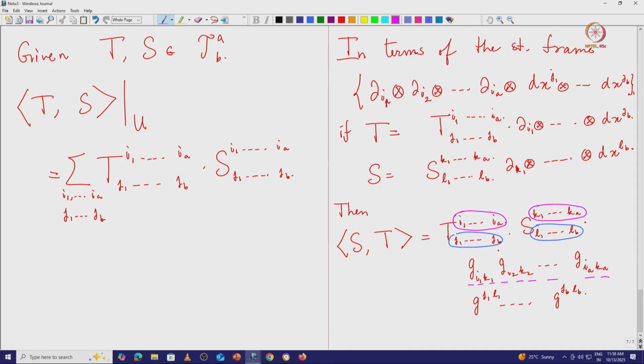That's how you compute inner products of vectors. The lower indices you should think as corresponding to the covector part of your tensor, and so how do you compute inner products of covectors? You use g with the upper indices, you use the inverse of the metric, right? Okay, so that's as far as inner products of tensors go.